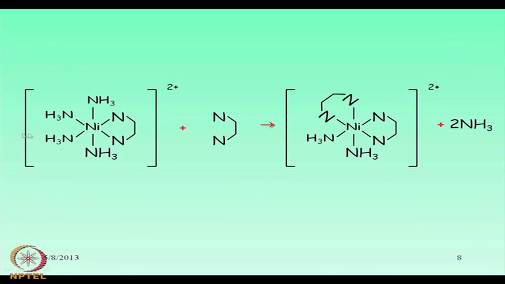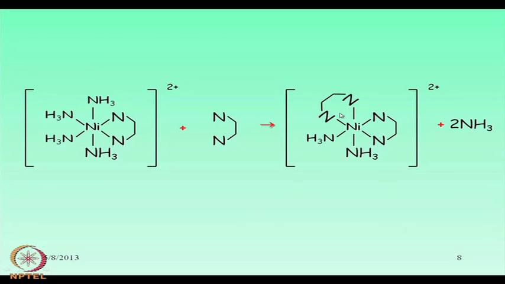So, in the second step we utilize the second ethylenediamine molecule. The second ethylenediamine molecule will come and bind by replacing 2 more ammonia groups from these 2 sites. They are cis positions and they are adjacent to the first chelate ring.